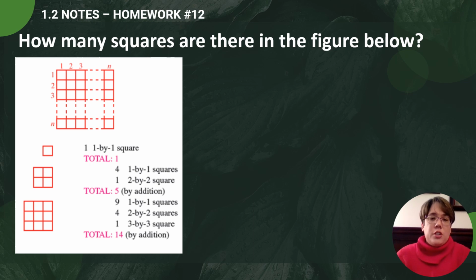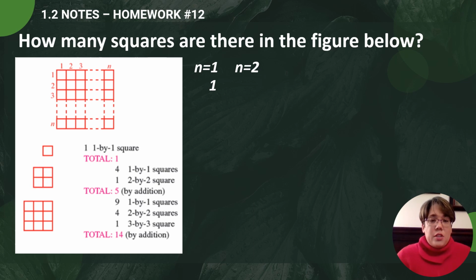All right, so the first thing we're going to look at is when n is equal to 1. When n is equal to 1, you just have this one little square. So how many squares are in it if n is equal to 1? Only one square. Okay, easy peasy. Now, n equals 2. If n equals 2, then you have this square, 2 by 2.